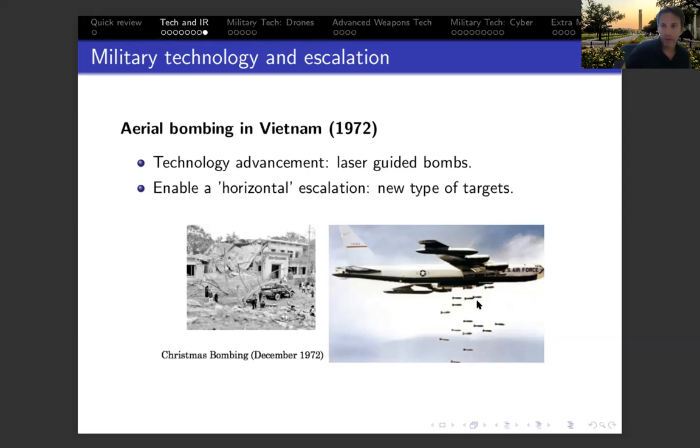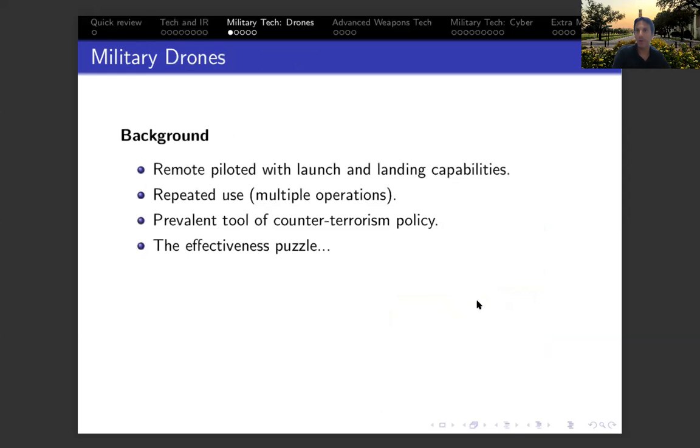And that's one way to look at the possibilities of applying this research area to existing knowledge that we have in IR. Now I want to focus on a type of technology that I'm sure you're familiar with in one way or another, and that's military drone technology.